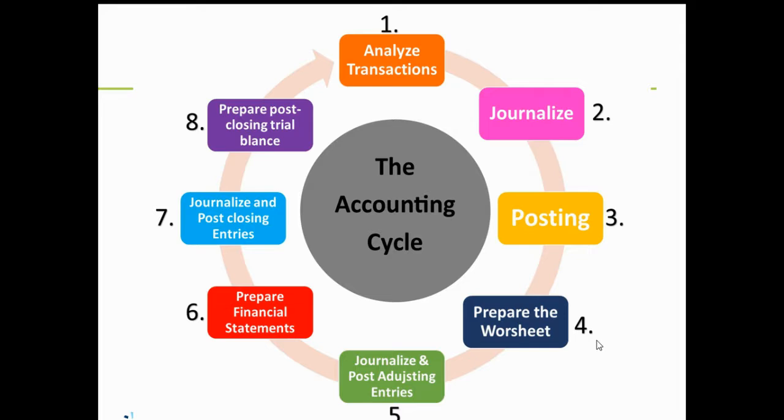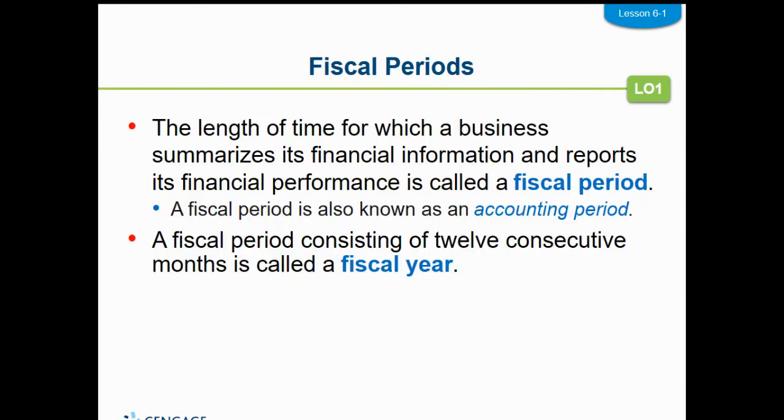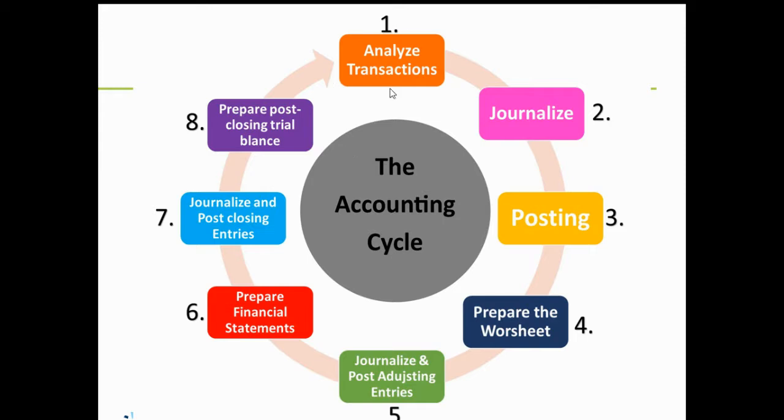Here is our accounting cycle that I've been bringing you back to as we go through the year. We started out at the very beginning of the year analyzing transactions. You analyze what two accounts are affected, how they are affected, whether they are debited or credited, increased or decreased, all of those questions we've talked about with each transaction.